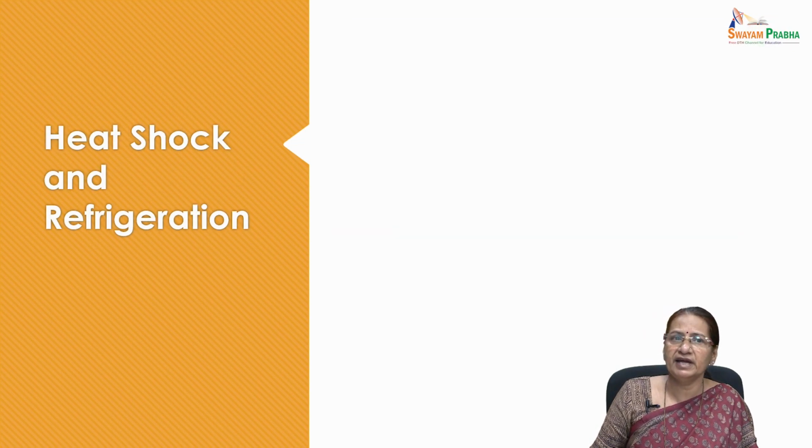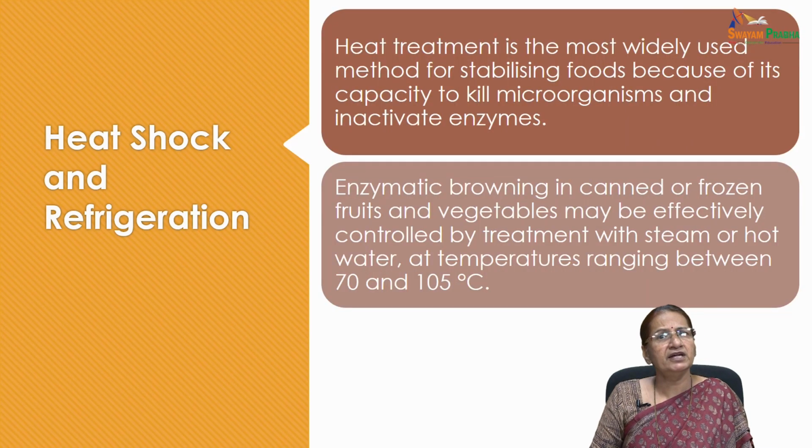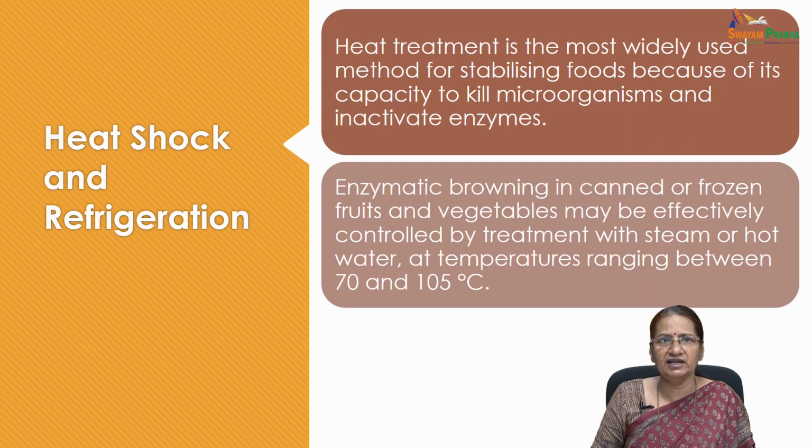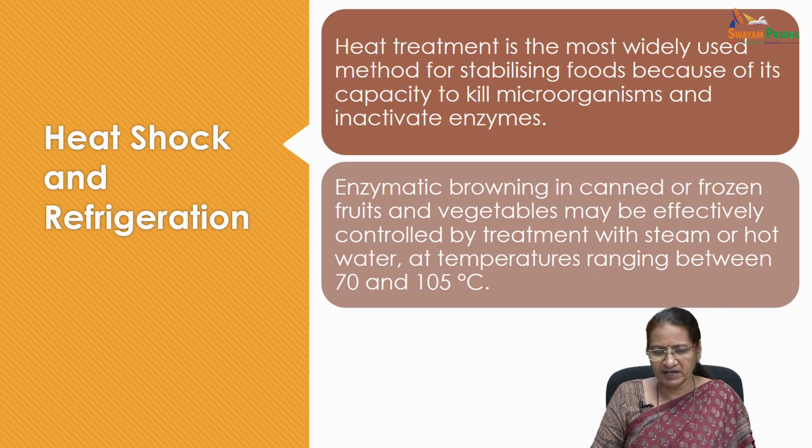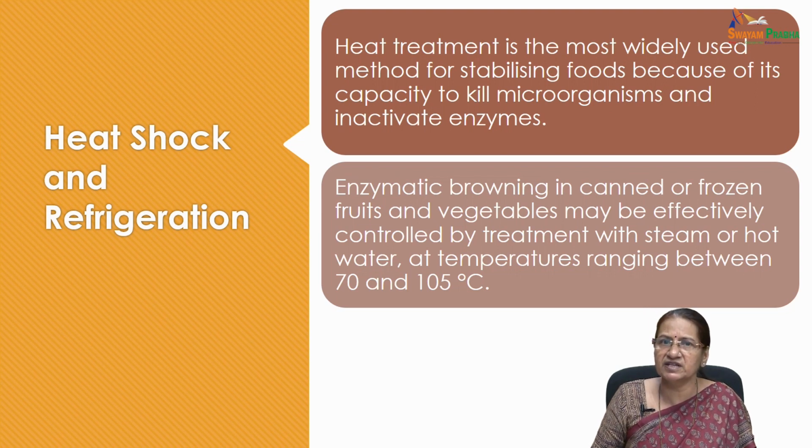Now, heat shock and refrigeration. Heat treatment is the most widely used method for stabilizing foods because of its capacity to kill microorganisms and inactivate enzymes. Enzymatic browning in canned or frozen fruits and vegetables may be effectively controlled by treatment with steam or hot water at temperatures ranging between 70 and 105 degrees centigrade.